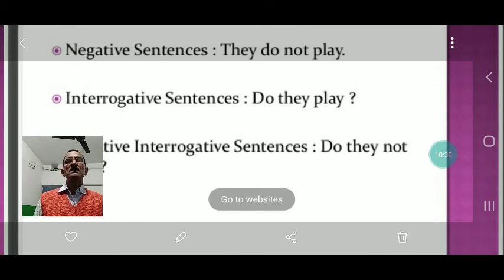If it is negative interrogative sentence, does he not play. Moreover, you can use the WH words in interrogative. What do they play? When do they play? Where do they play? Who plays? Or like that you can use why do they not play? When do they not play? Like that sentence you can use.